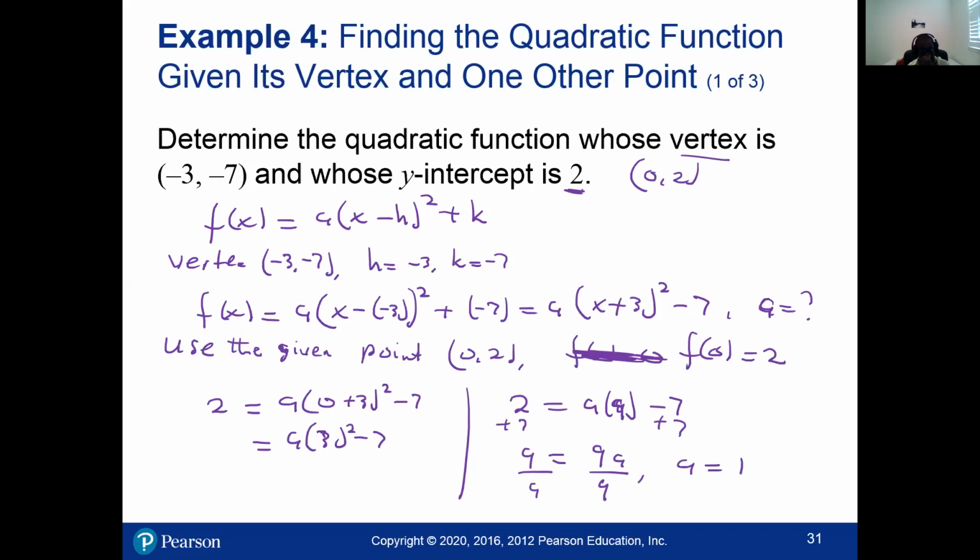Okay, so what is the quadratic function? The quadratic function f of x is given as a times (x minus h) squared plus k.